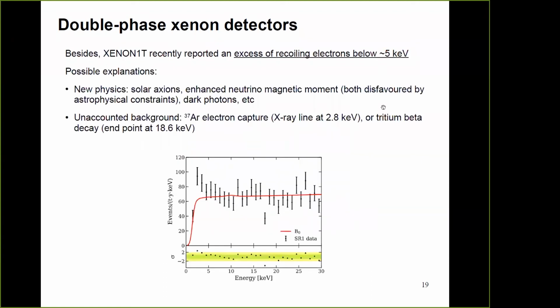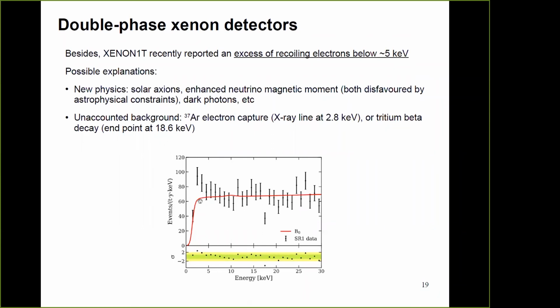And in addition, I would like to finish this part mentioning this excess that has been recently recorded by XENON1T. This is not affecting our WIMP searches because WIMP searches are using nuclear recoils, and this is an excess of recoiling electrons. And this is below 5 keV.